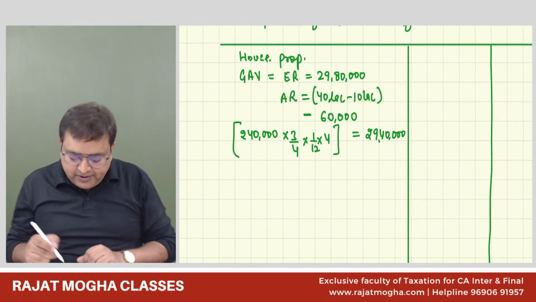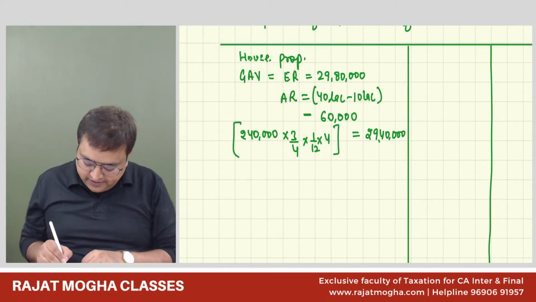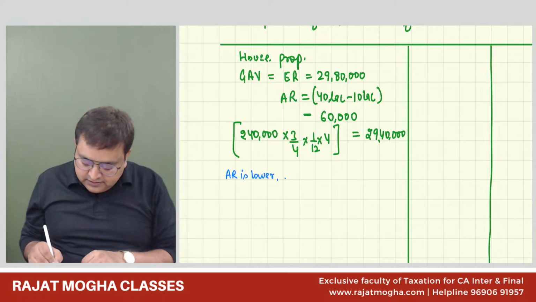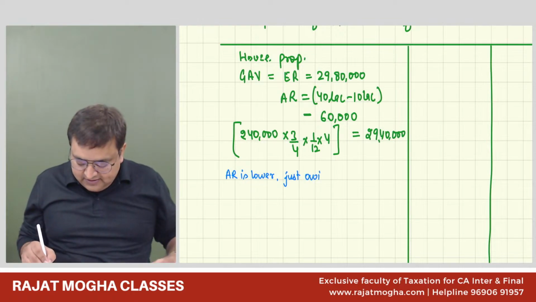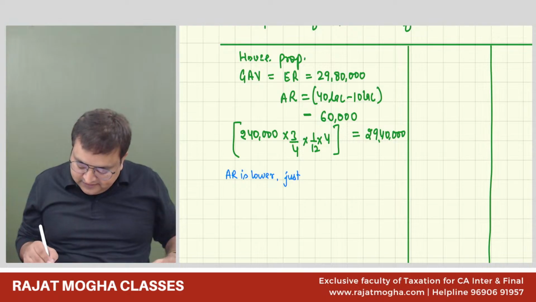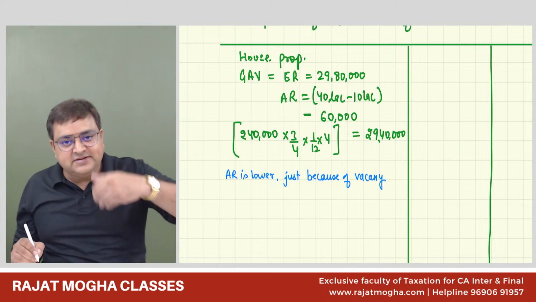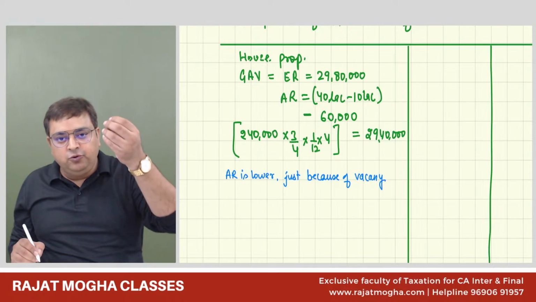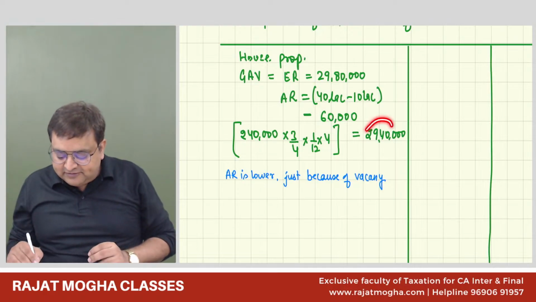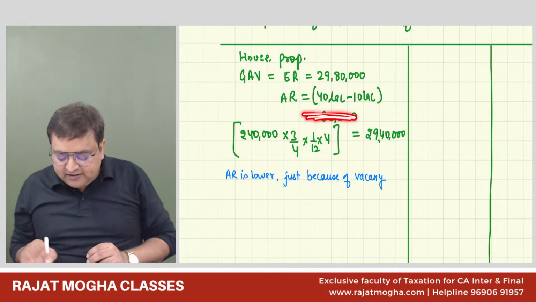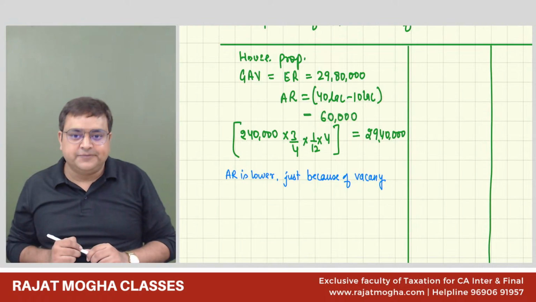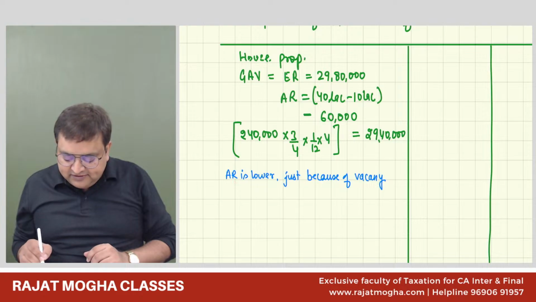So please write it over here: actual rent is lower just because of vacancy. He's not a fraud. He's a genuine assessee. It is only due to vacancy that his value is coming lower. If there had not been vacancy, this value would have been 30 lakh rupees. So AR is lower just because of vacancy.